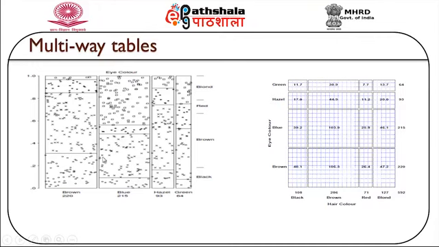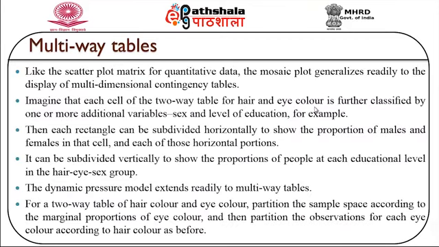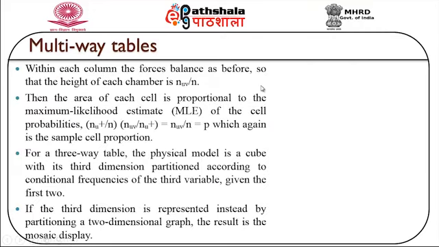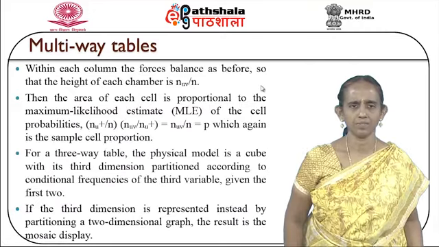The vertical representation shows the eye color and the horizontal representation shows the hair color. So the eye color as well as the hair color are shown in the form of a multi-way table. And in the same table, it is also possible for us to show the sex and the level of education of each person that is being identified.